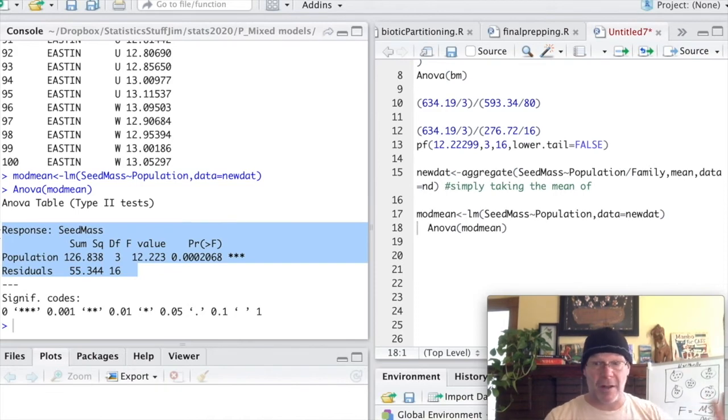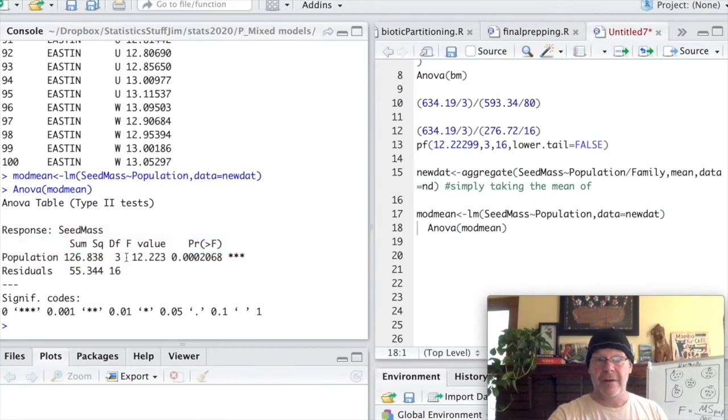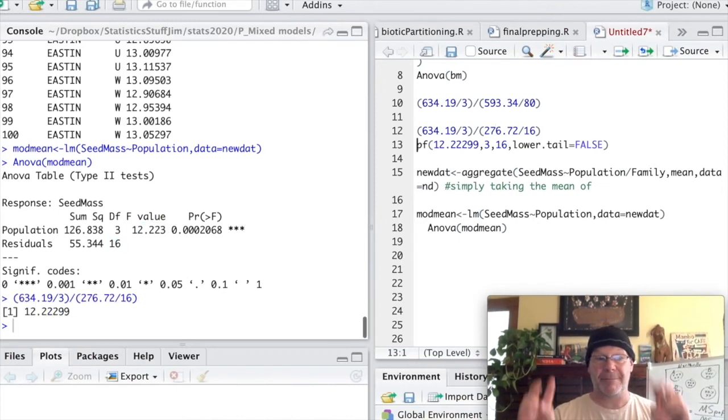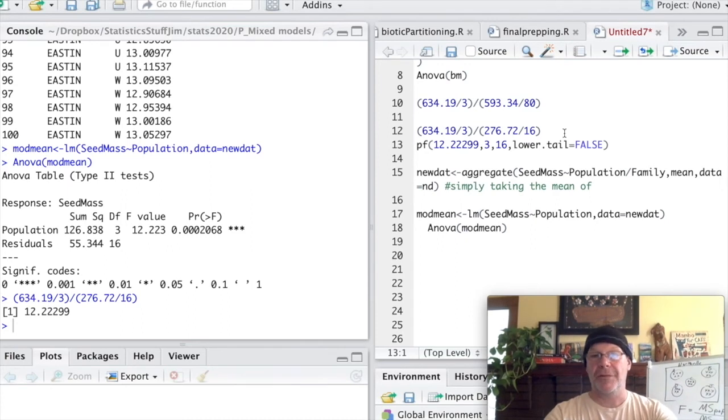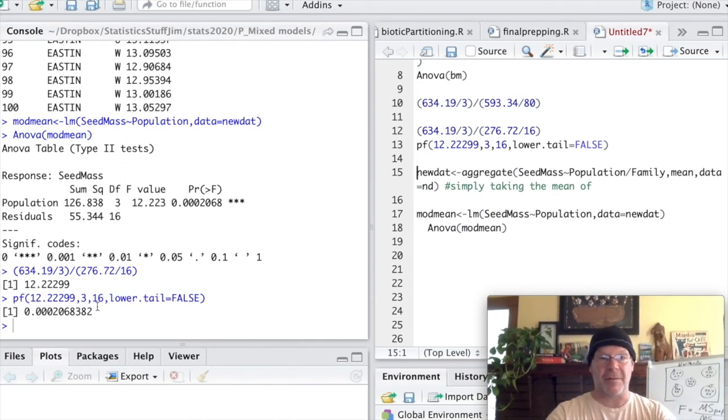We got rid of all of that extra information about all the within family variation. We just took the average for each family, and that became the response variable. What I want to point out is, first of all, we're getting the appropriate degrees of freedom, okay? We are getting the exact same F value that we got when we did it by hand, and we're also getting the exact same P value that we got when we did it by hand.